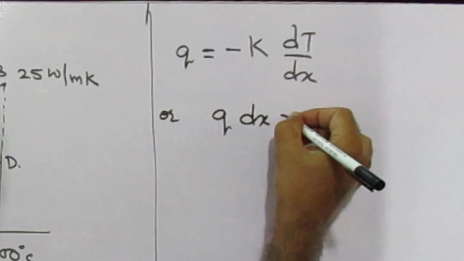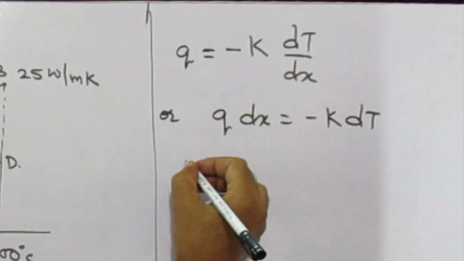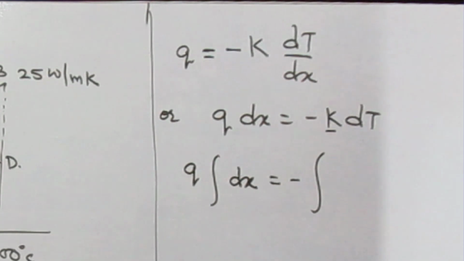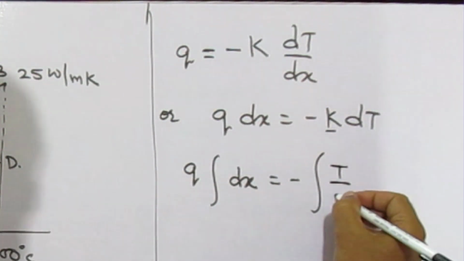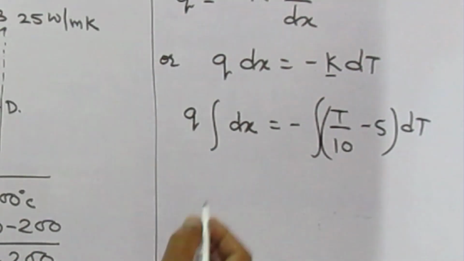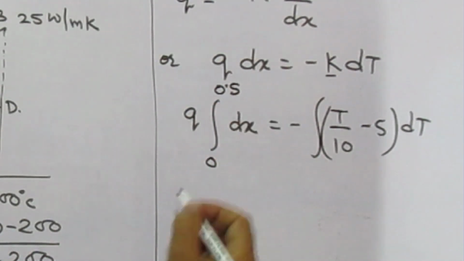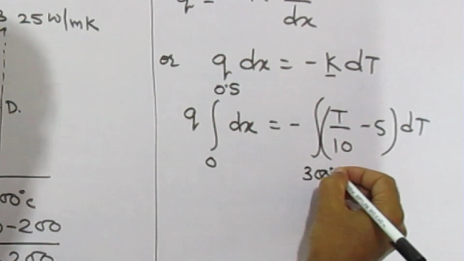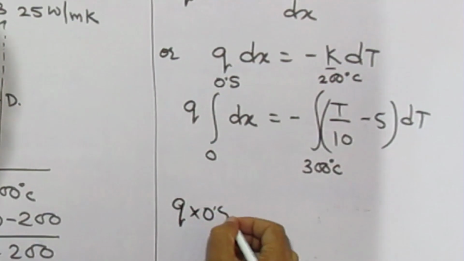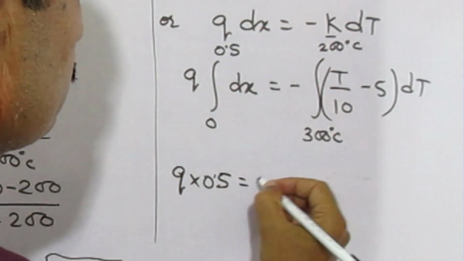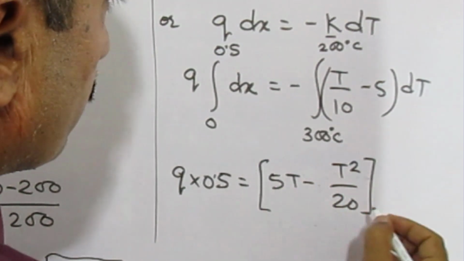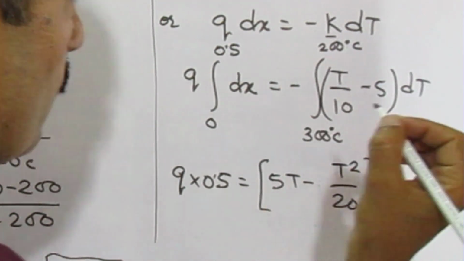or Q into dx equals minus K into dT. Integrating, substituting K, T by 10 minus 5 into dT, and integration from 0 to 0.5 and 300 degree centigrade to 200 degree centigrade, or Q into 0.5 equals 5T minus T square by 20, 300 to 200.